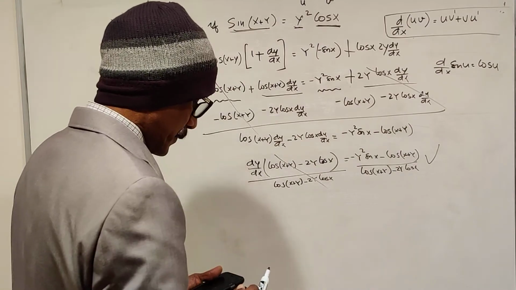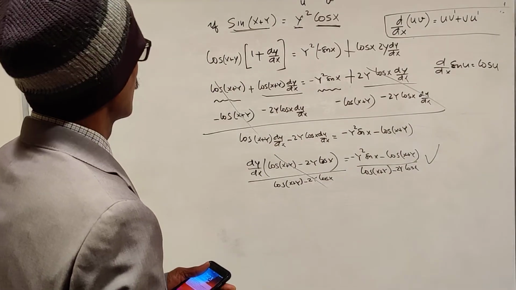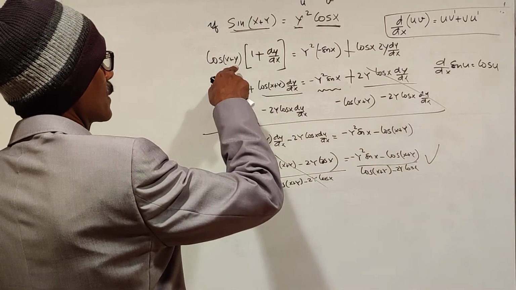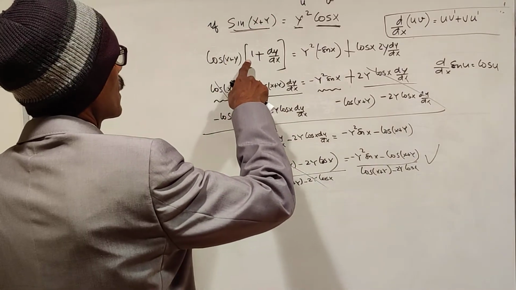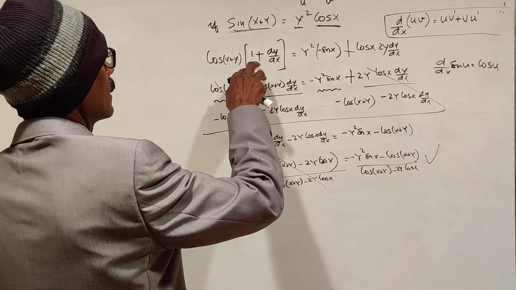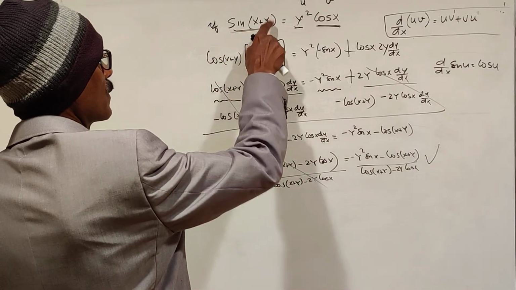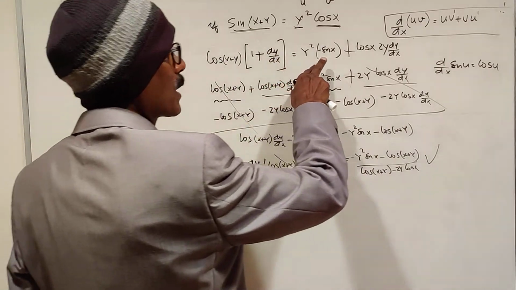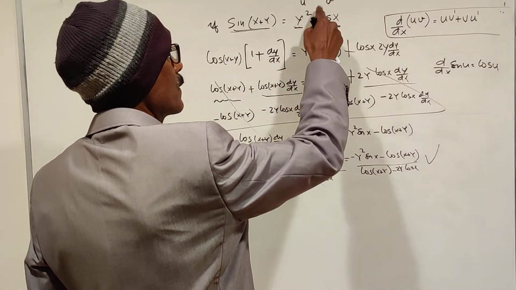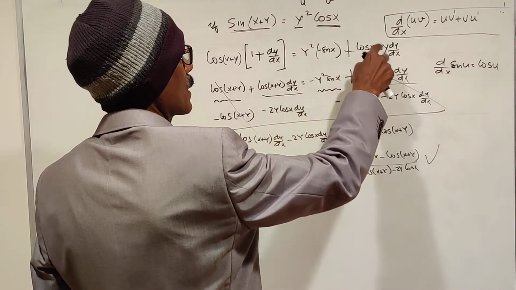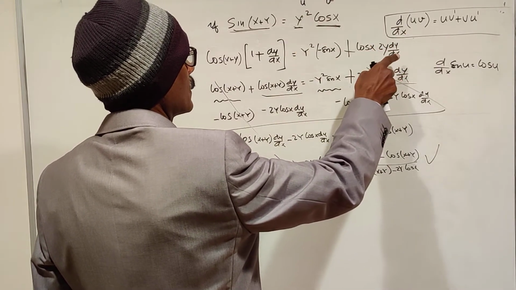See, one more time. sin(x + y). What is the derivative of sin(x + y)? cos(x + y) times, chain rule, derivative of x is 1, plus derivative of y is dy by dx. Here you need to apply the product rule: y square into derivative of cos x is minus sin x, plus cos x into derivative of y square is 2y dy by dx.